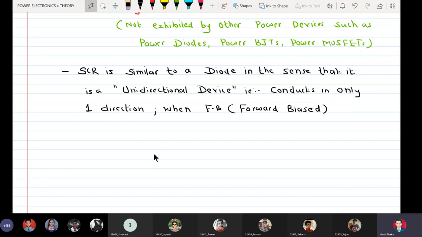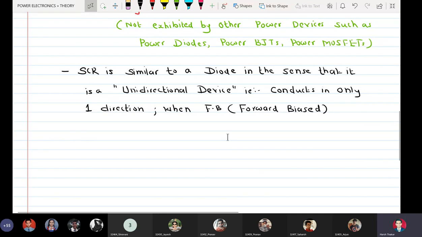And similar to a diode, if we apply a reverse voltage between the SCR's terminals greater than the reverse breakdown voltage, SCR also will undergo a reverse breakdown and will start conducting in the reverse direction, but that is not a normal mode of operation. Okay, so this is one similarity between SCR and diode.